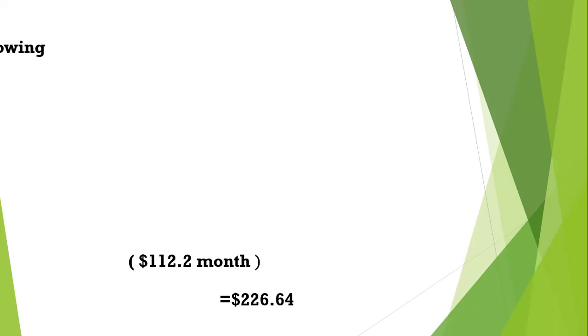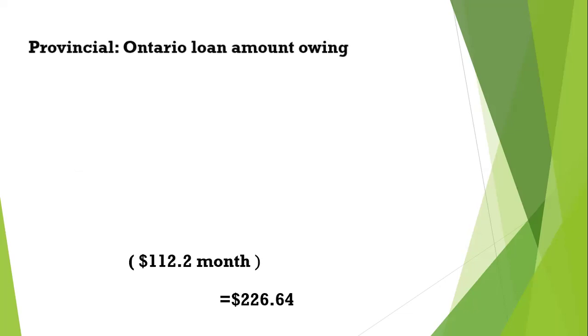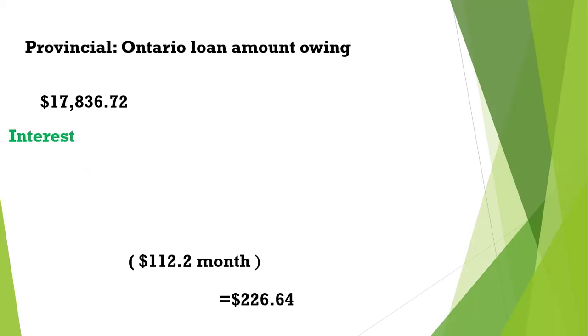The next part of the loan is where you now pay interest. With this example of 58,000, and this resident is from Ontario, the remaining part of their student loan will be 17,836.72. So how much interest do they pay on this amount?